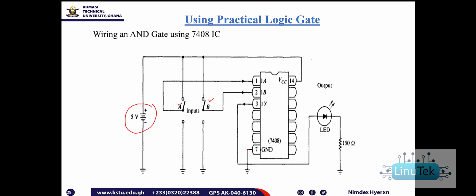Because it is an AND gate with two inputs, we have 0, 0, 0, 1, 1, 0, and then 1, 1. 0 and 0 would give us 0, so this LED would continue to be off. 0 and 1 would continue giving us 0, so this LED will continue to be off. 1 and 0 would also give us 0, and the LED will still be off.